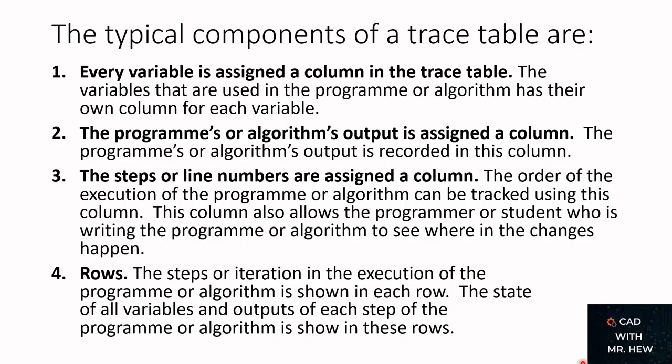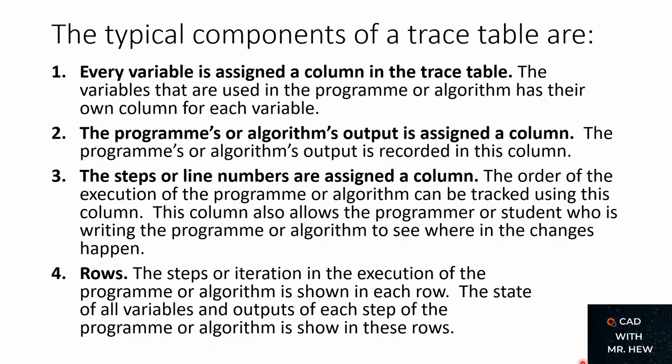3. The steps or line numbers are assigned a column in the trace table. The order of the execution of the program or algorithm can be tracked using this column. This column also allows the programmer or student who is writing the program or algorithm to see where the changes in the program occur. 4.